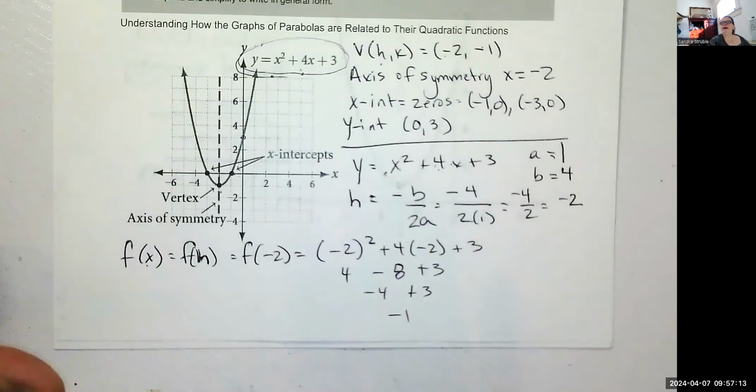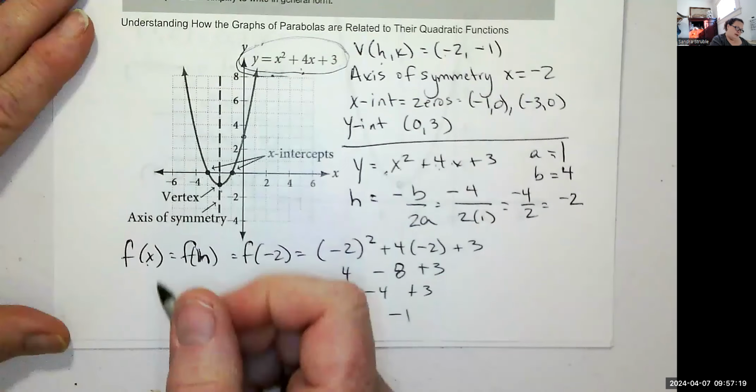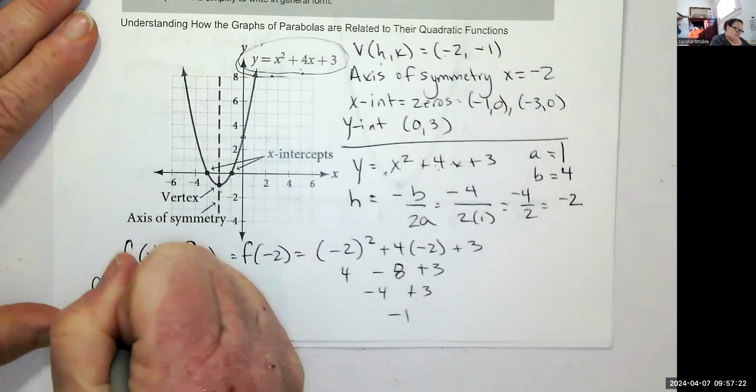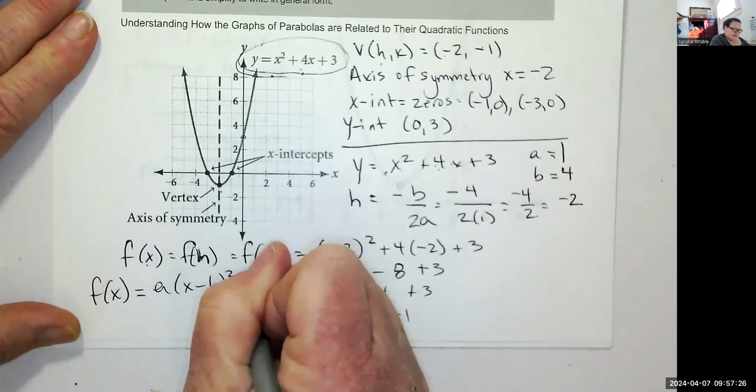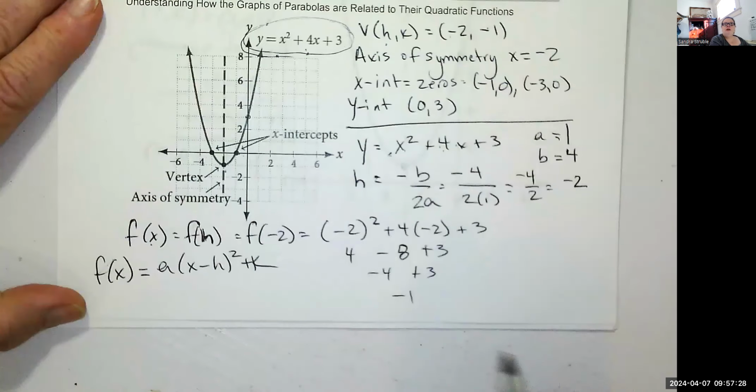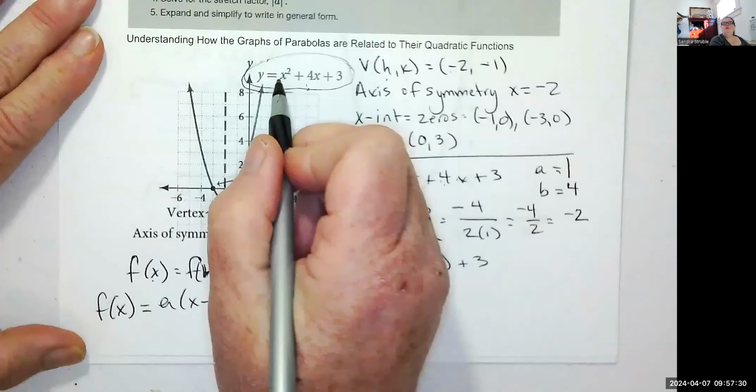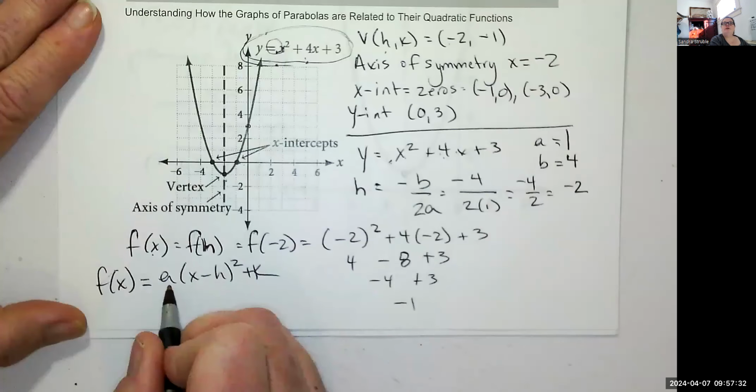One more thing is to take this and put it into the vertex form or standard form. So that would be f of x is equal to a(x minus h) squared plus k. A, we already know is 1 because that's the coefficient of x squared, so I don't need to worry about that.